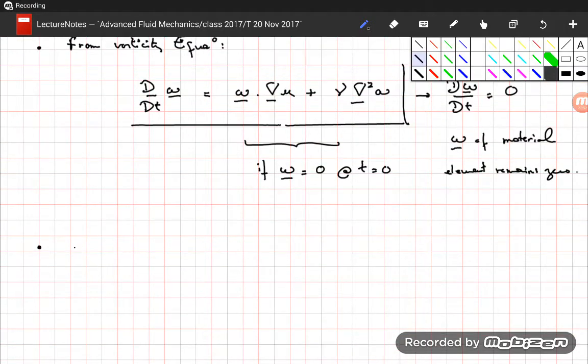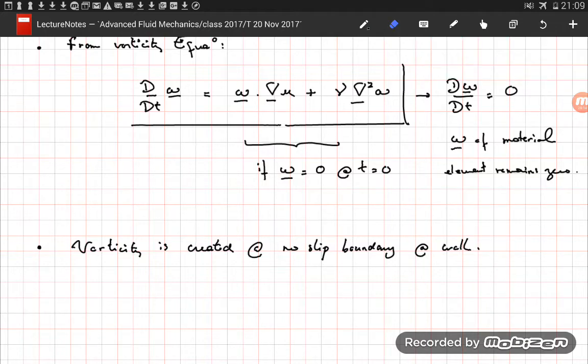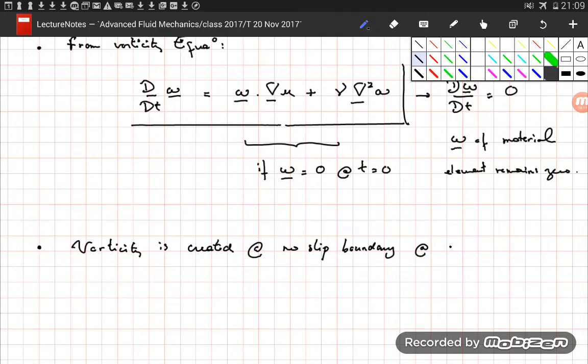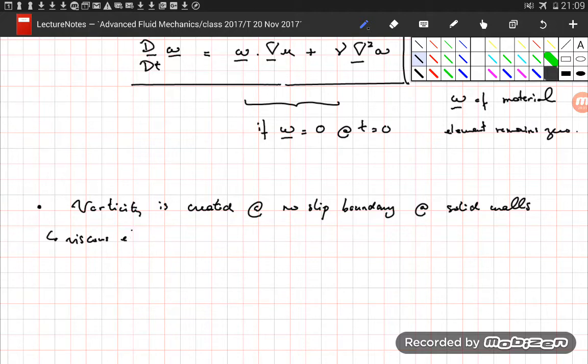So here vorticity will be only created at a no-slip boundary, so this would happen at solid walls. And this is, of course, a viscous effect.